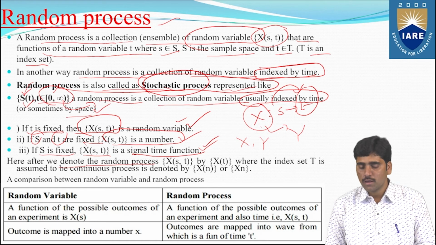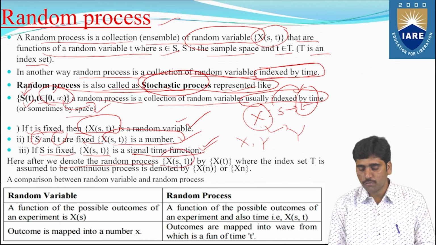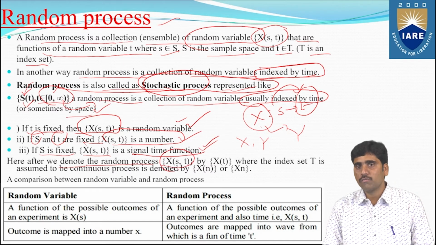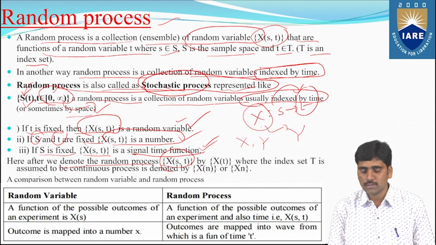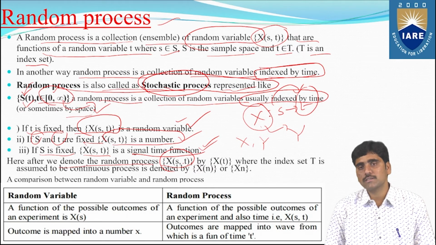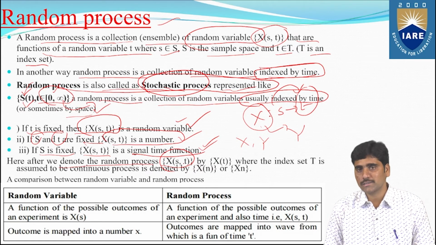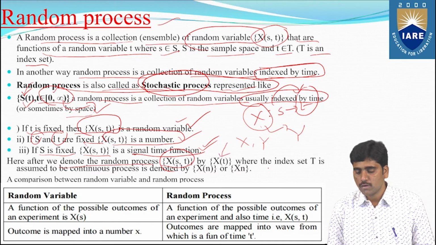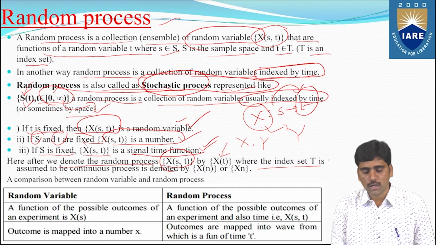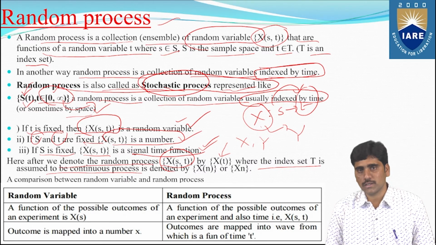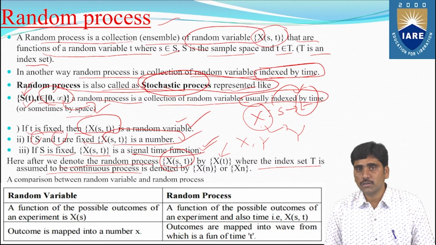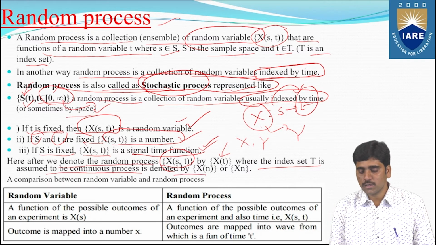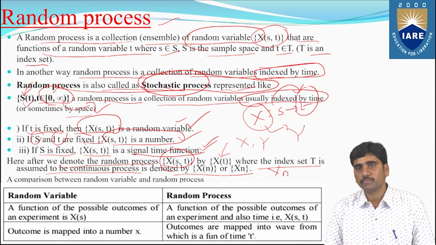Here after, we denote the random process x of s comma t, where x is the random variable, s is the sample space and t is the indexed time. So it is denoted by x of t, where the index set t is assumed to be a continuous process. A discrete one is denoted by x of n, or you can write xn.